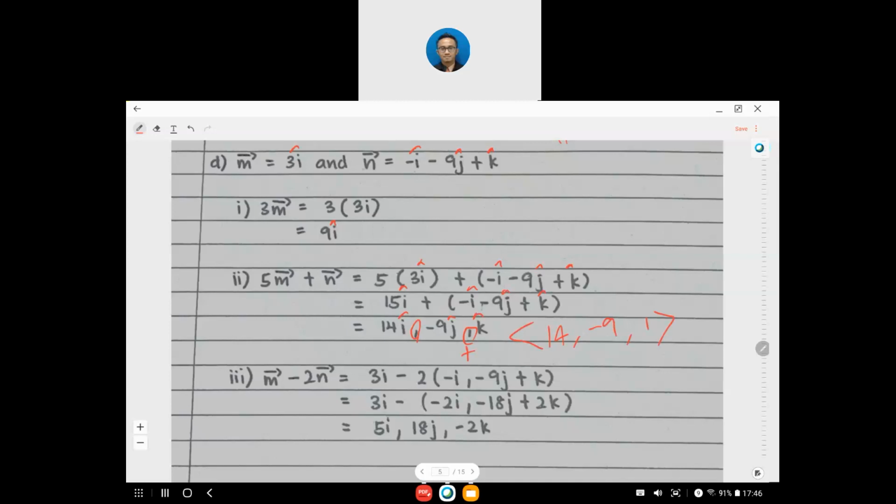And then question 3. This one also same thing, put the symbol. 3i minus 2i. This one has no comma.